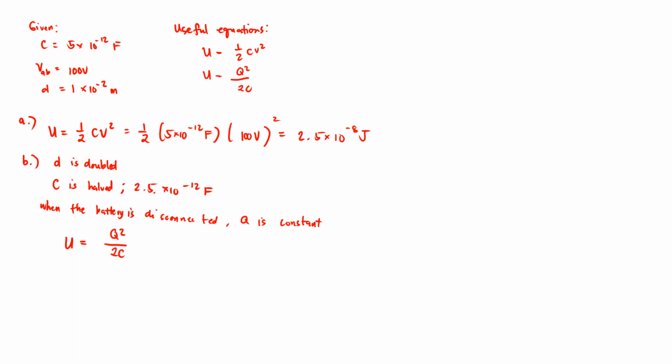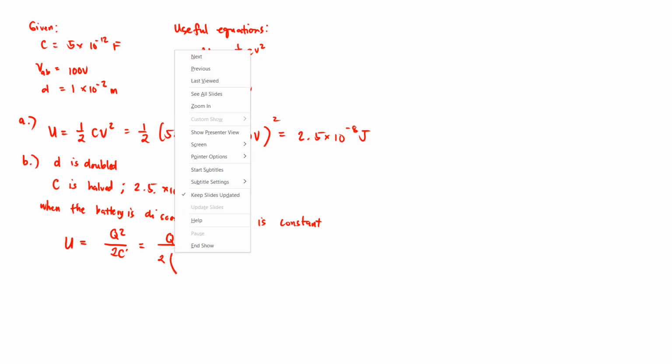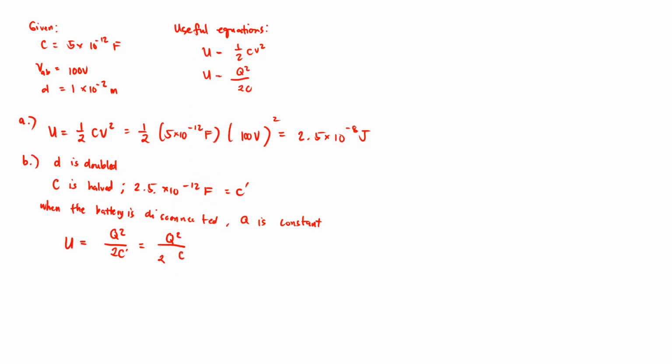So we can write C prime. This is your C prime, the new C. So you have Q squared over 2 multiplied by your C prime. Your C prime is 1/2 of the original C, so C prime is equal to C over 2.